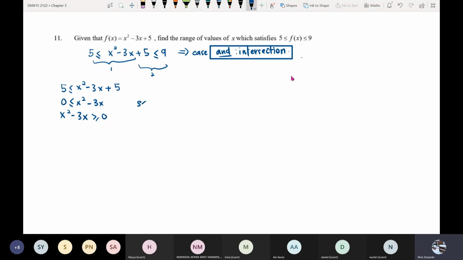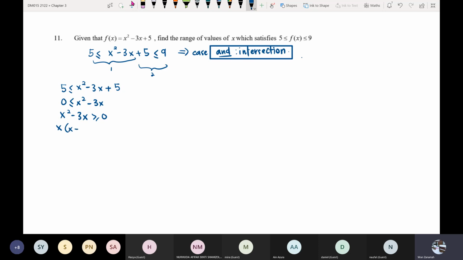Betul tak? Kalau I nak letak gajah dulu, boleh ke I cakap gajah tu lebih kecil dari semut juga? Tak boleh. Logik-logik lah. So kalau tak sure, you bandingkan.